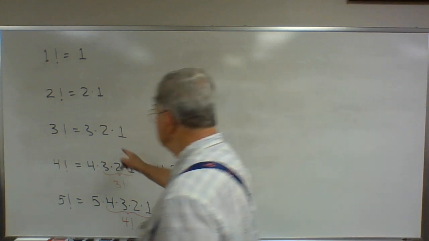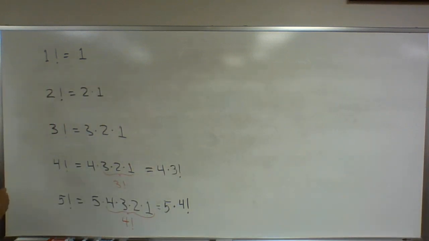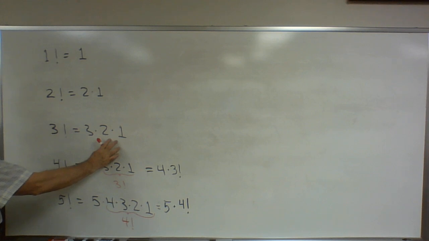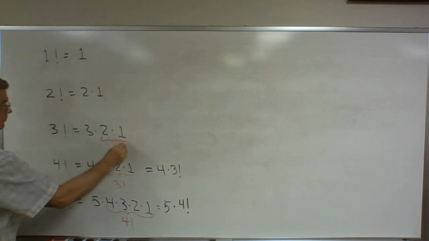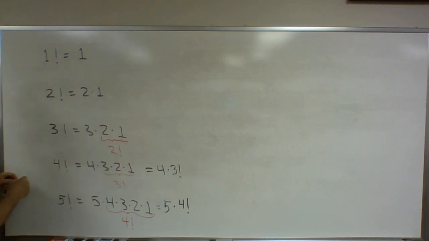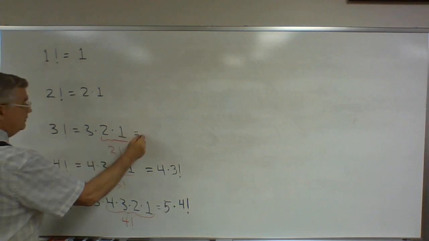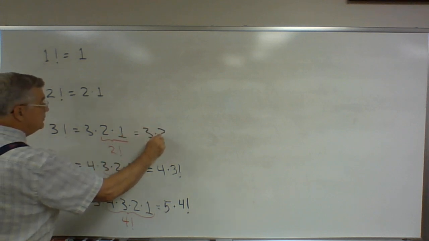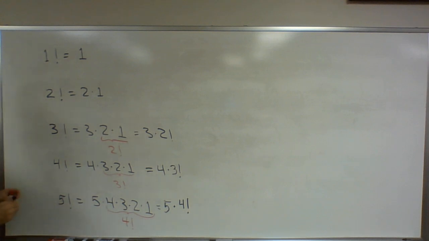And let's see, it works up here too, doesn't it? 2 times 1, we say, that's 2 factorial. So we can write 3 factorial as 3 times 2 factorial.